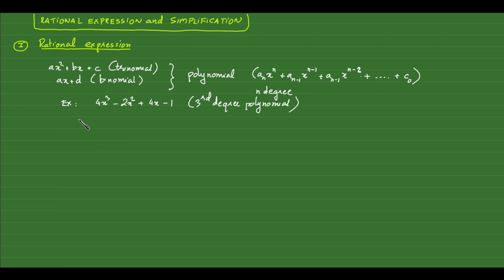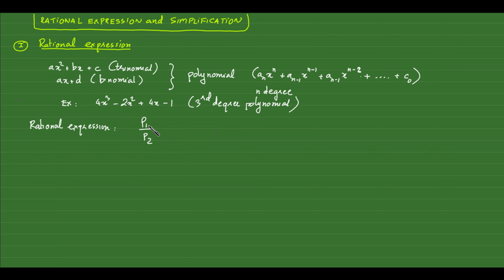Now, if I set one polynomial over the other polynomial, then we can create something called a rational expression. A rational expression must be in the form P1 over P2.